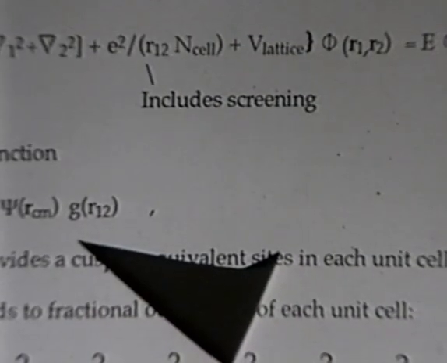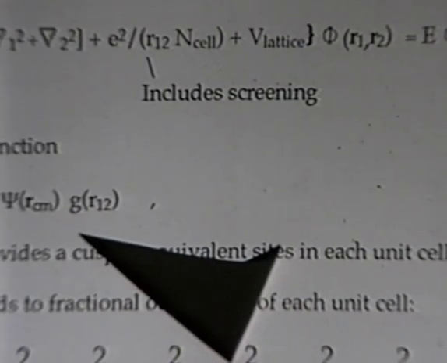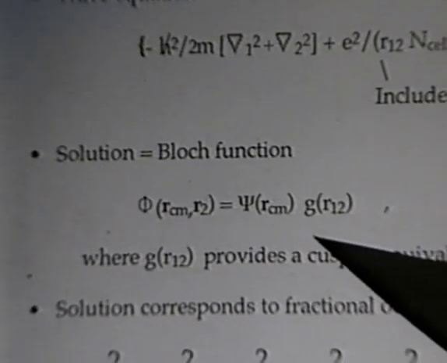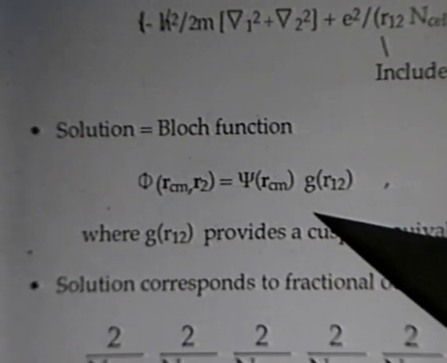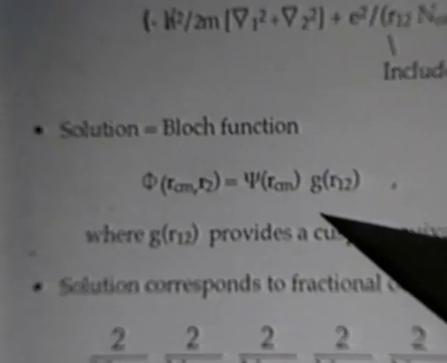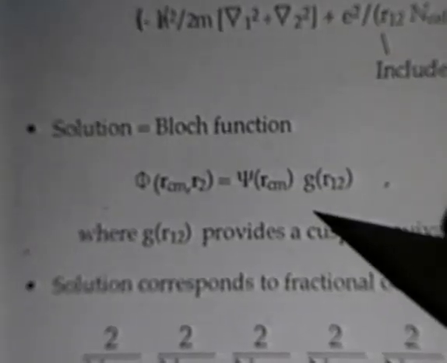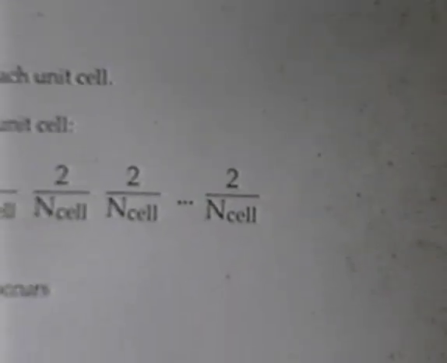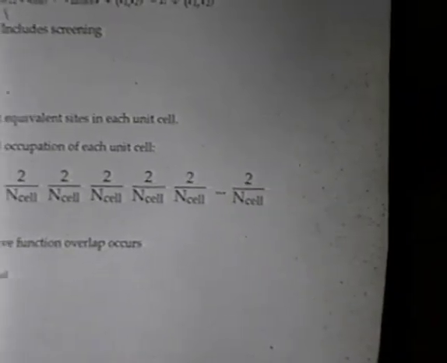And again, we can express the wave function as a product of this spatial part and the Jastrow function. But in this case, the Jastrow function provides a cusp. That interaction in the helium is a cusp with a point at the singularity, the e squared over r12. That cusp is now present in every unit cell, and as Preparata says, it's coherent. It's the same spot in every unit cell.